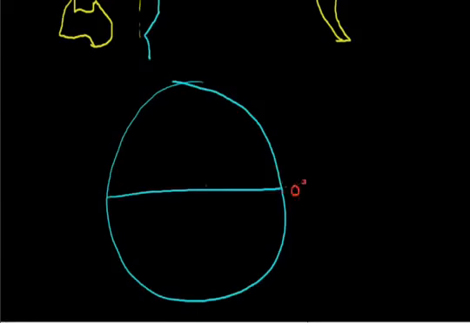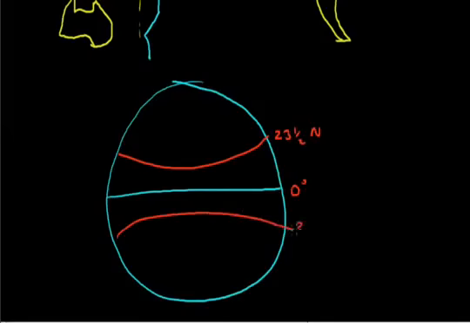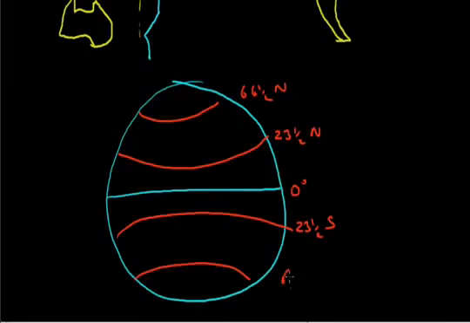This is the 0 degree line, which is called the equator. Then the 23.5 degree north, 23.5 degree south, 66.5 degree north, and 66.5 degree south lines. These are all important lines.